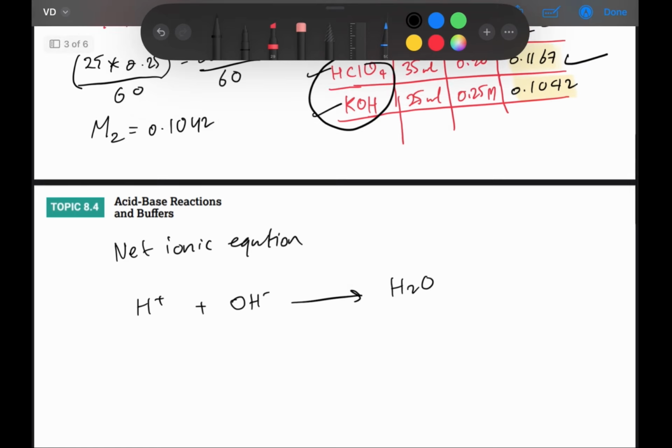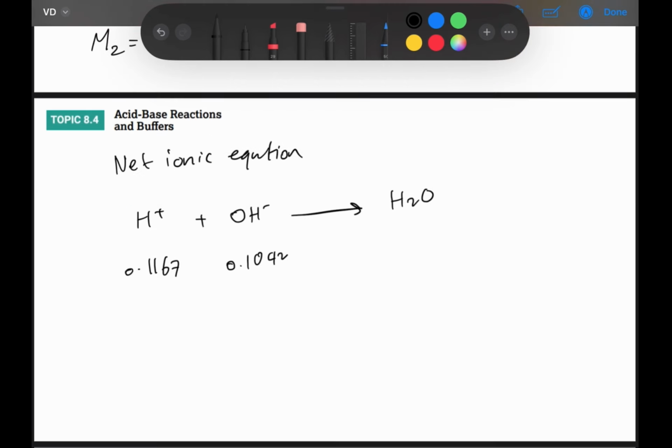It was 0.1167, and the concentration of OH is equal to 0.1042. If you watch the previous video, we said if we have an equal number of H positive and OH, you will end up with the same number of water. If you have 5 here, you will end up with 5 water molecules.